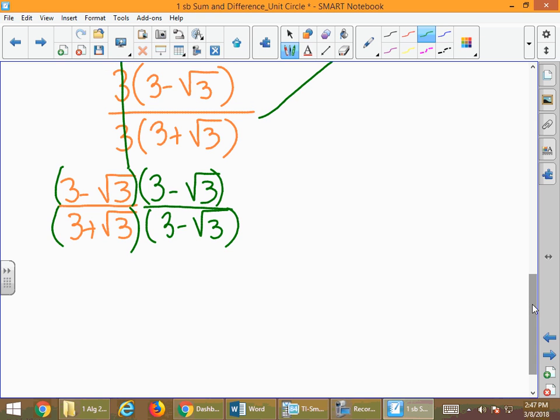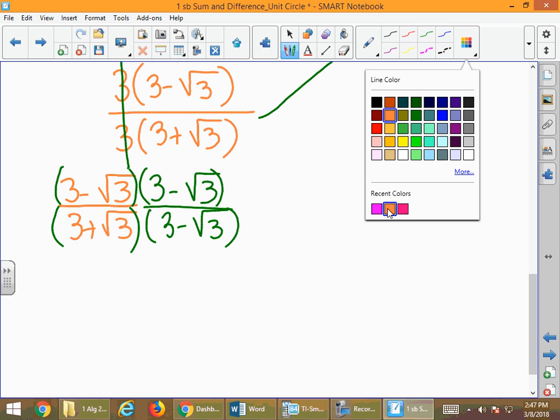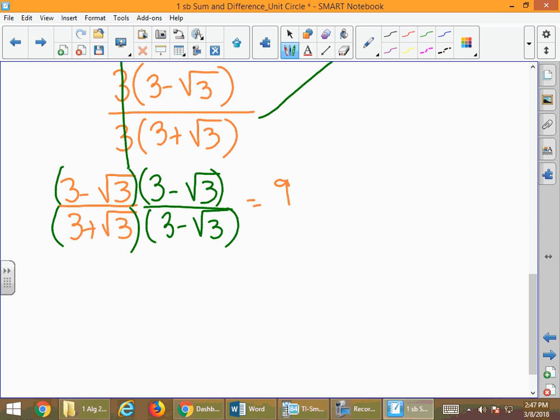And now what we're going to do is we're going to FOIL. So we end up with 9 minus 3 times the square root of 3 minus 3 times the square root of 3 plus the square root of 9. Some of you I know won't write that down, but it never hurts for me to show every single step.